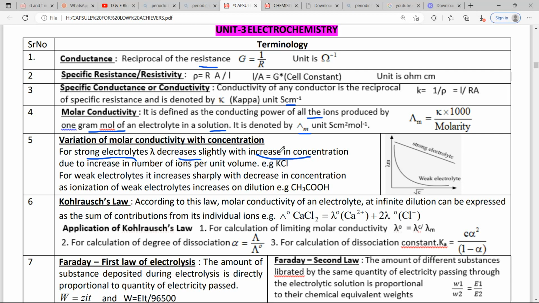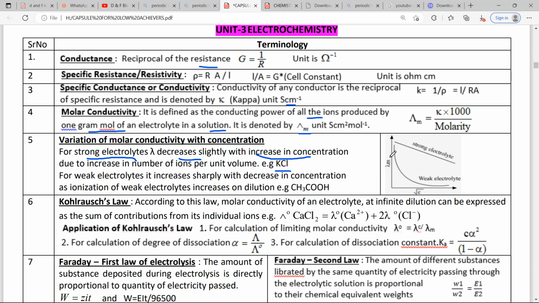But in the case of weak electrolytes, it increases sharply with a decrease in concentration, when it is diluted. When water is added to the weak electrolyte, the conductivity increases because the ionization has increased because of the dilution. That is why the conductivity increases in the case of weak electrolyte.